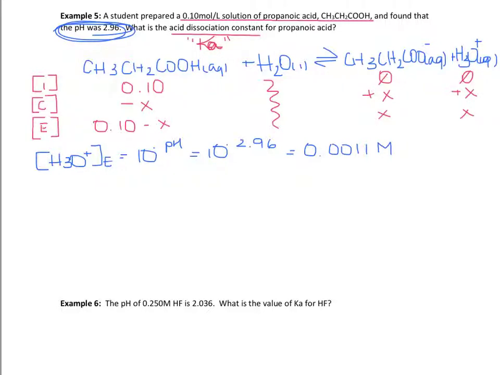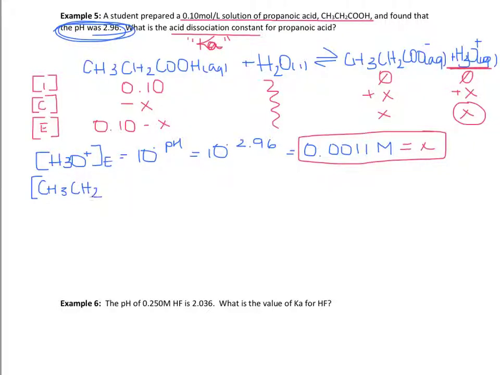So at this point, you have to ask yourself, what did you say was the equilibrium concentration of the hydronium ion in your ice table? If you find hydronium and you look for the equilibrium line, you'll notice that you called that X. And therefore, we have solved for X. Once you know the value of X, you can then find the other concentrations at equilibrium.